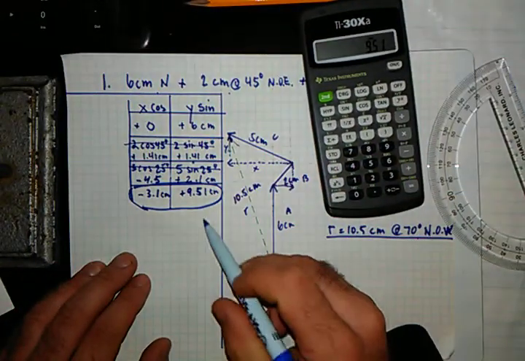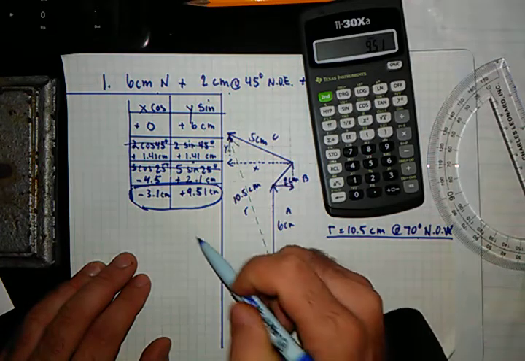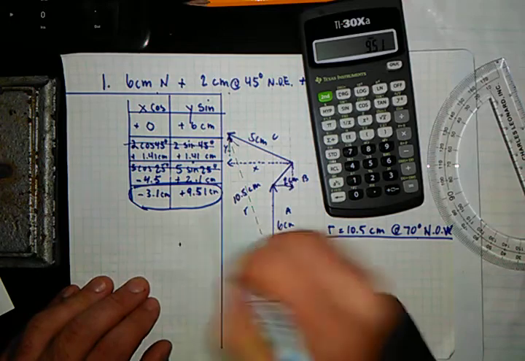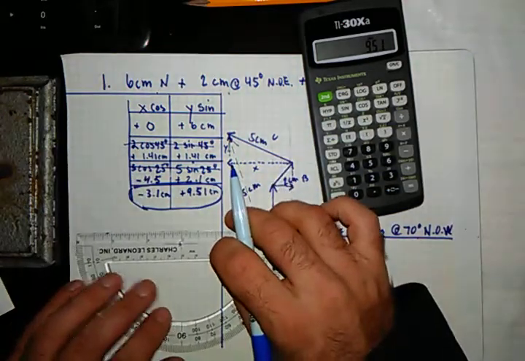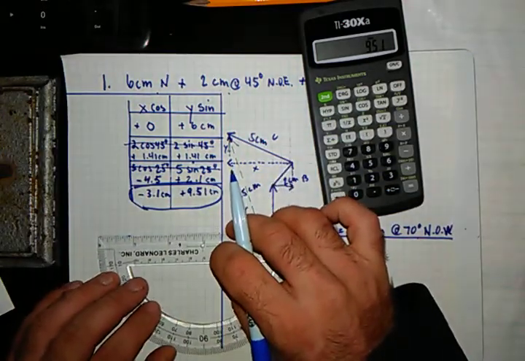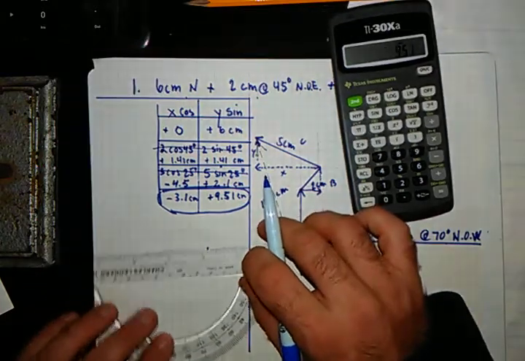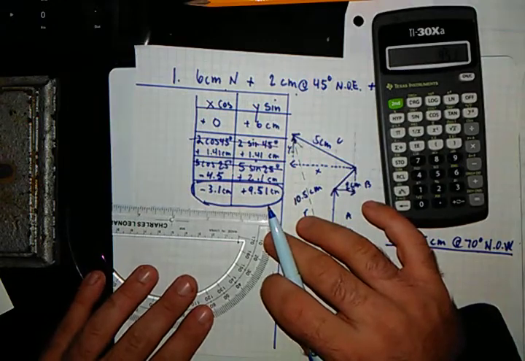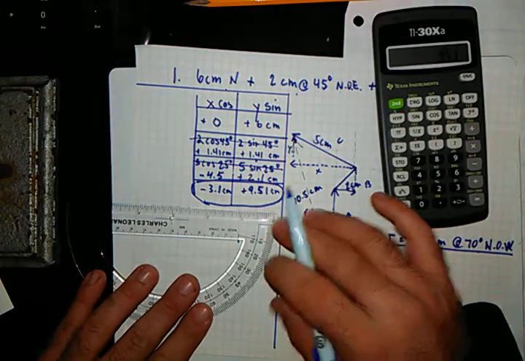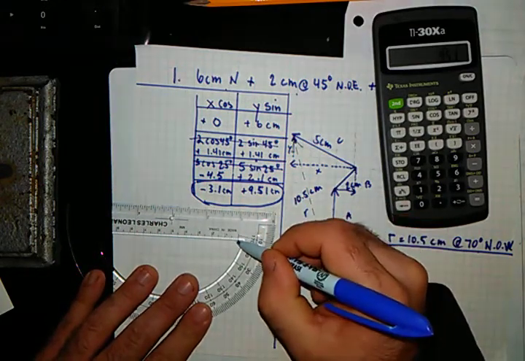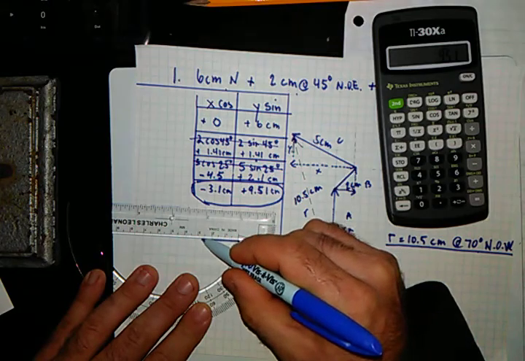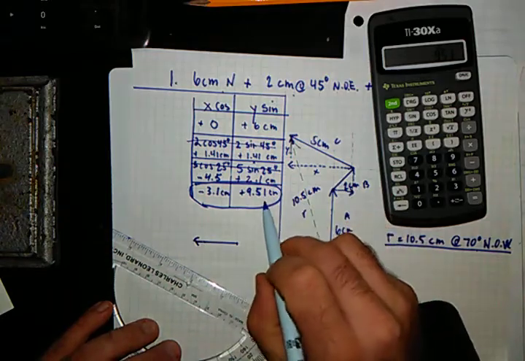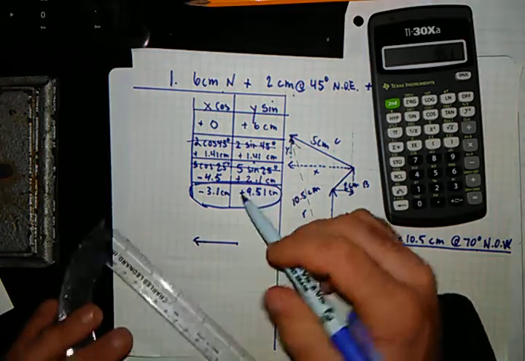What that's going to look like is a negative 3.1. I'm going to actually measure it out just to show you guys that if I were to draw this out, my x vector would be negative 3.1, and then the y would go up from that.